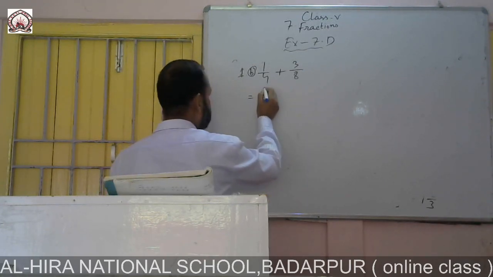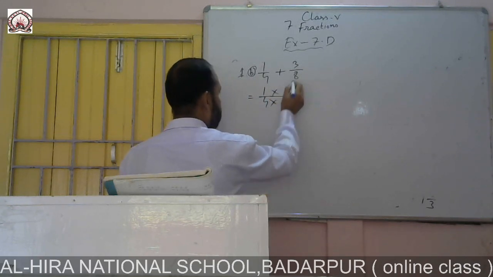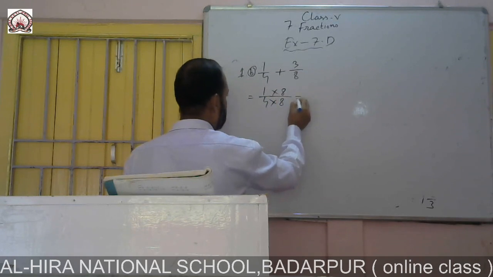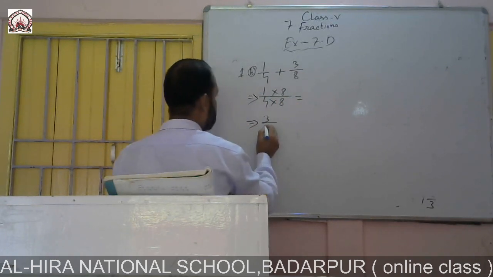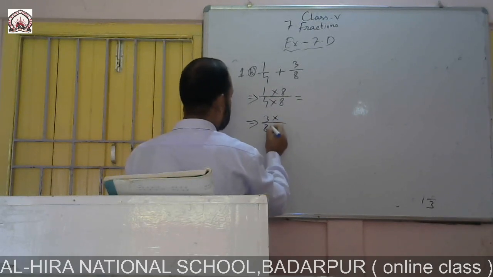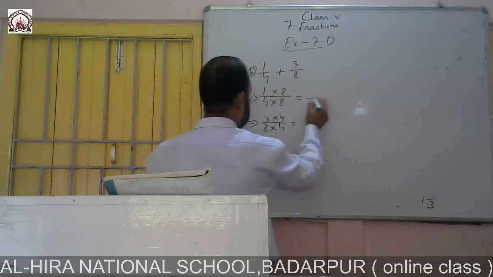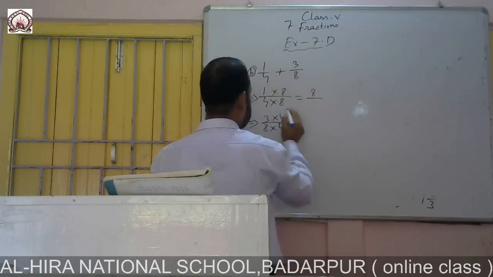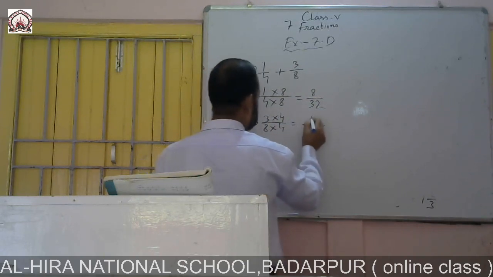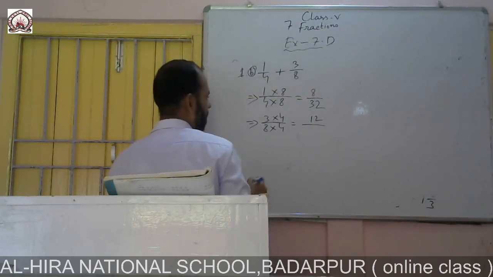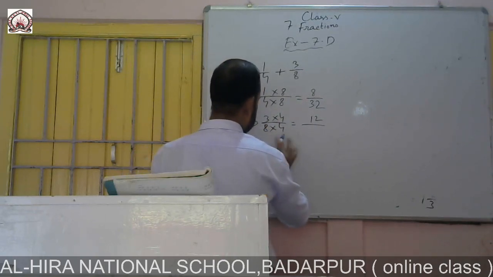We write the first fraction's numerator times the second fraction's denominator, and 3 by the second fraction times the first fraction's denominator. So here 8 1 is 8 and 8 4 jar 32. Here 3 4 is 12. 3 4 jar 12 and 8 4 jar 32.